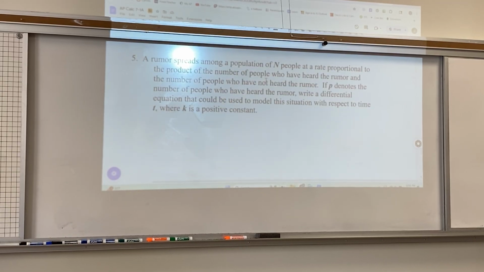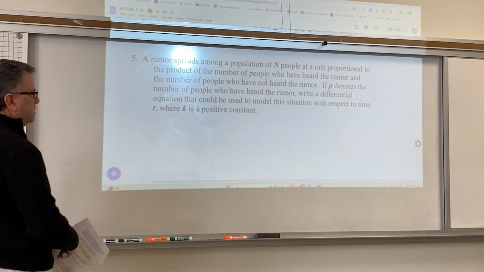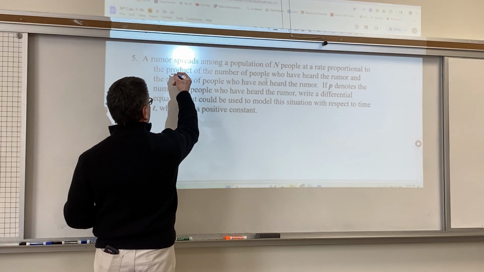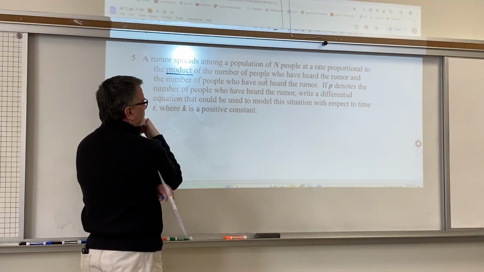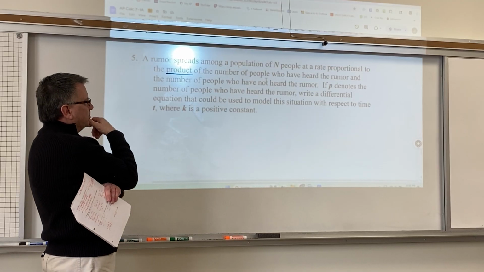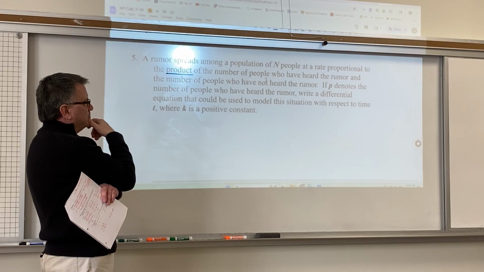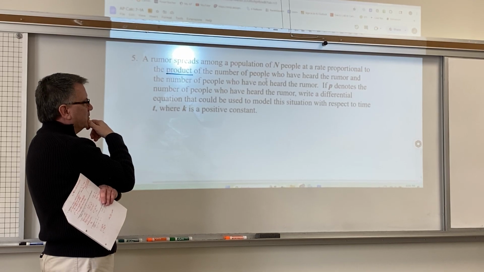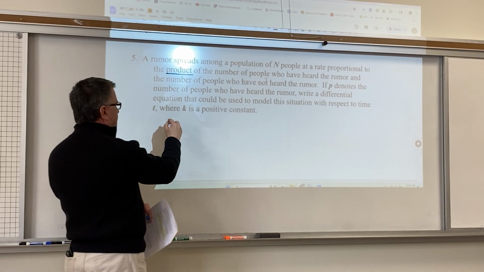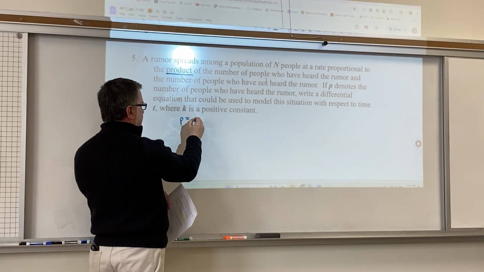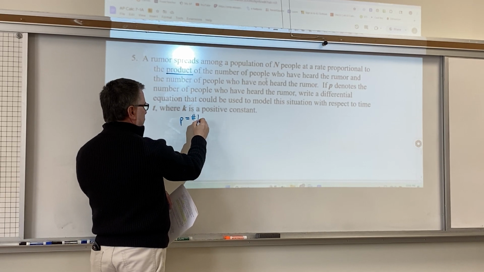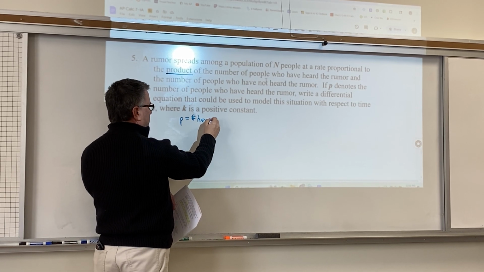Okay. A rumor spreads among a population of n amount of people at a rate proportional to the product of the number of people who've heard the rumor, key word, and the number of people who have not heard the rumor. If P denotes the number of people who've heard the rumor, number who've heard the rumor.